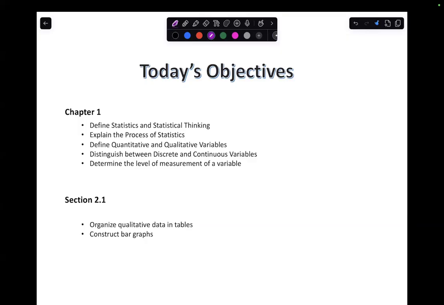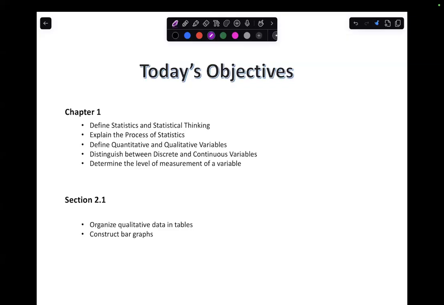All right. So we're going to define statistical thinking. We're going to talk about the process of statistics. We're going to talk about quantitative and qualitative variables, discrete and continuous. And we're going to talk about levels of measurement, and I'm going to tell you how I best remember things. Then we're going to start to organize some data in tables. We're going to do most of 2.1, but not finish 2.1.